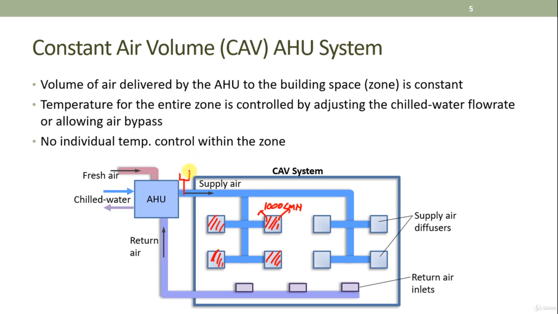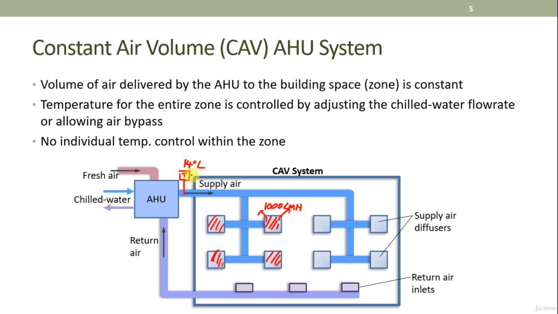There's a temperature sensor at the supply air duct. So this temperature that is supplied to the room, maybe during the daytime, during the peak hours, is around 14 degrees Celsius. And let's say during the evening time when the load starts to reduce, you can actually increase this temperature.